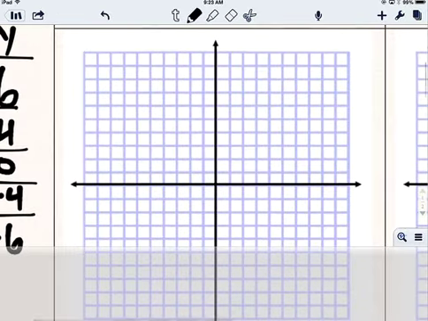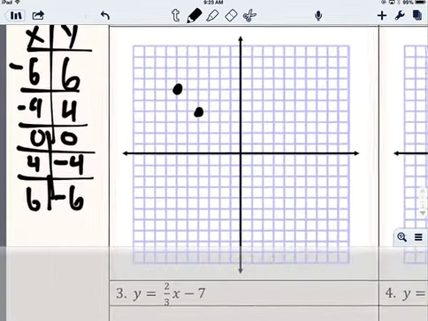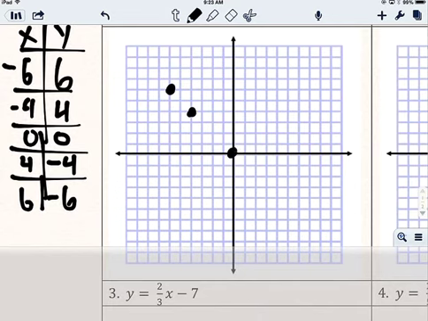So negative 6 is going to be 6 to the left, and then 6 up, which is right there. And then negative 4 is 4 to the left, and then 4 up, so right there. There we go. (0, 0) is right at the origin. (4, negative 4) is 4 to the right, and then 4 down.